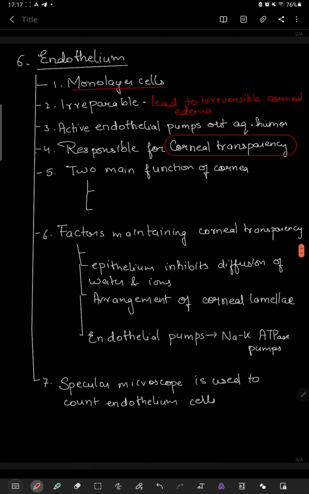This is an important point. What are the two main functions of cornea? First thing is it protects the intraocular contents. Another is it serves as the principal optical element.